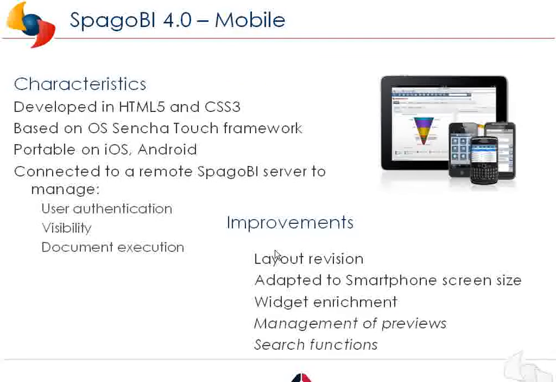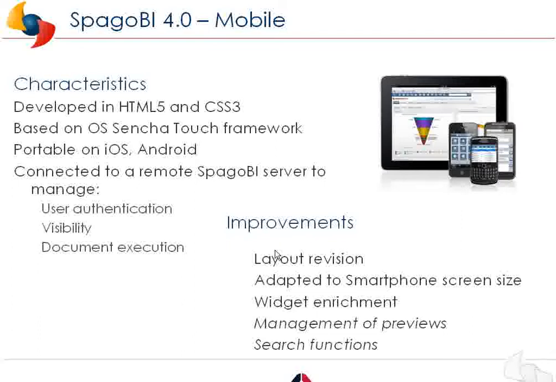We have improved the support for the mobile usage of SpagoBI. In SpagoBI, mobile is essentially a possibility for users to access business intelligence content using mobile devices, mainly tablets and smartphones. But we do not implement a specific app for a specific device, but more a generic application that can run on different devices and that is not tied to a specific operating system or a specific device, leveraging as much as possible standards such as HTML5 and CSS3.